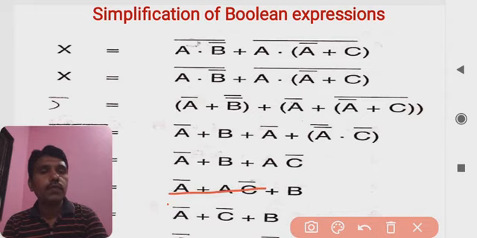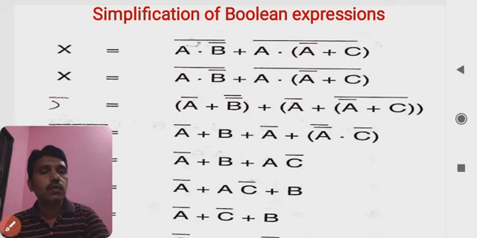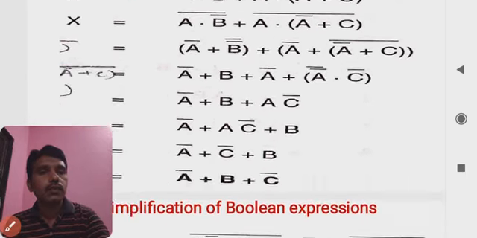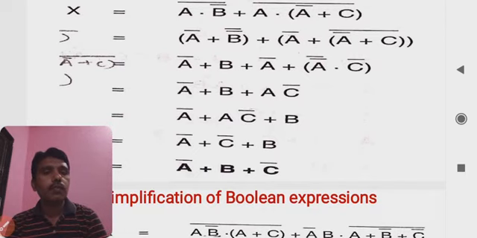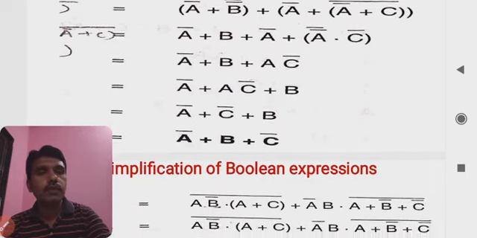If we reshuffle this, A complement or A C complement or B, for this stage we can write A complement according to the absorption law, A complement or C complement or B. So this is the simplification in that case, and reshuffling it, we can write A complement or B or C complement in this fashion.